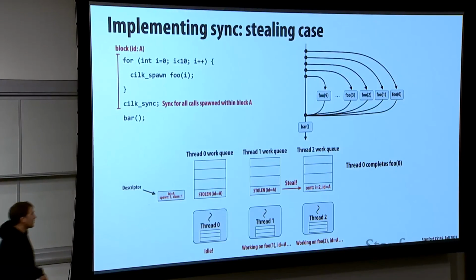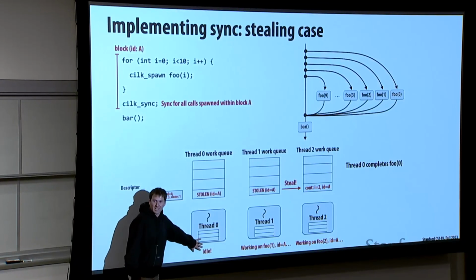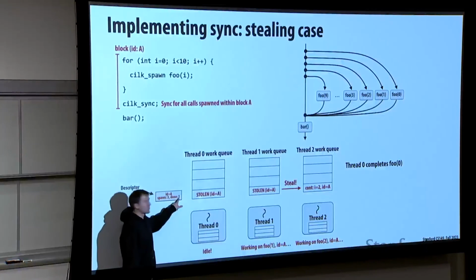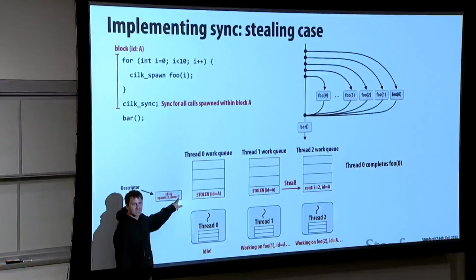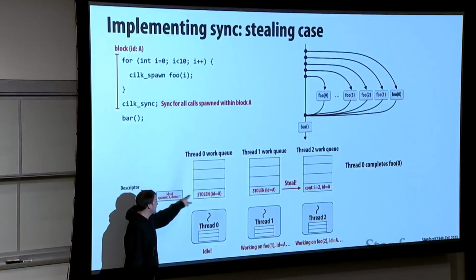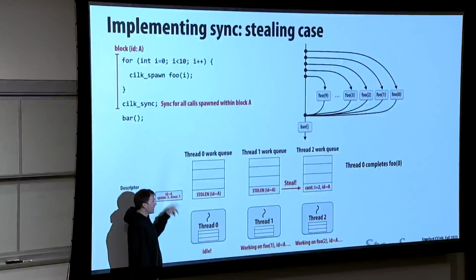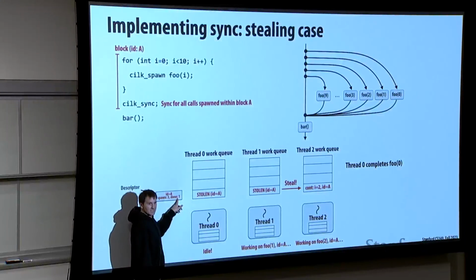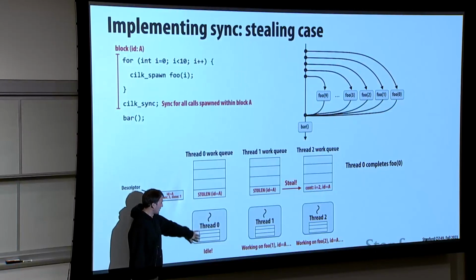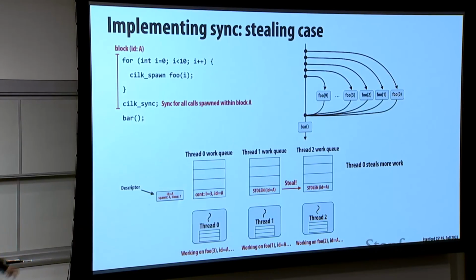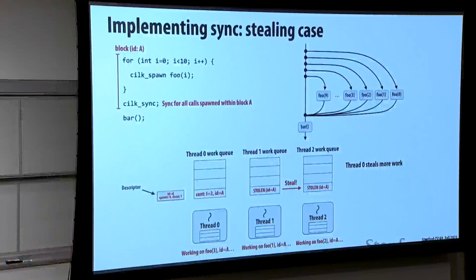Okay, now some thread finishes some work from block A. Block A has been stolen, so when we finish work, we have to update the done counter. So that means 3 different threads are working on A or haven't worked on sub-work from A. One of those things is done. And at this point, thread 0 will go steal some more work, and start working on foo 3.